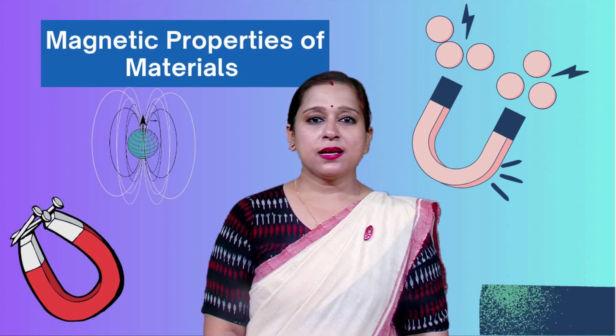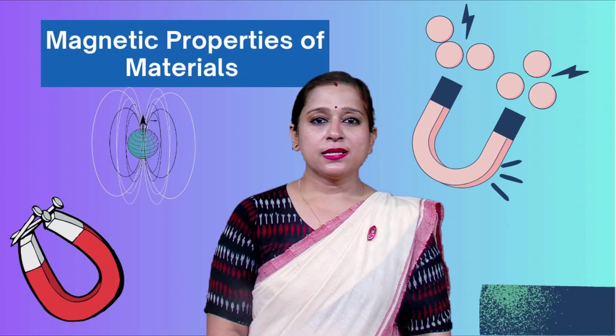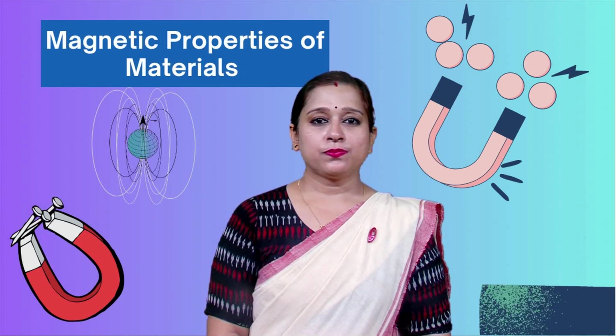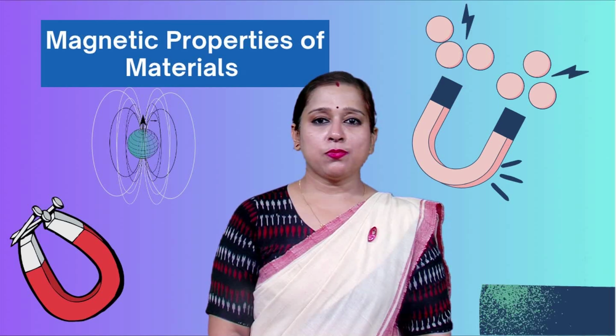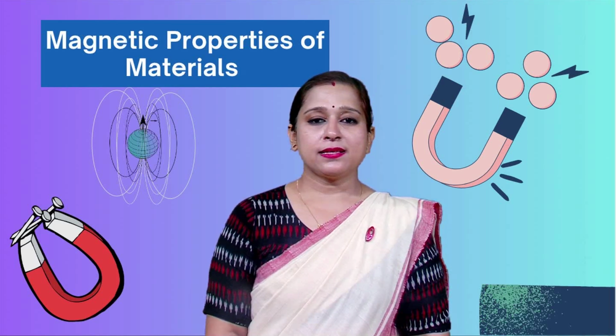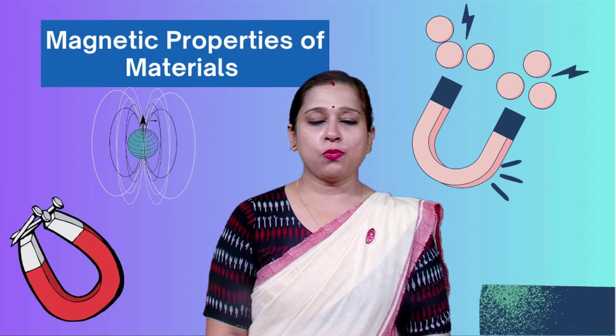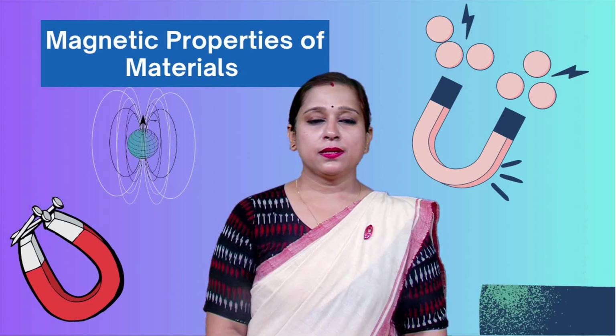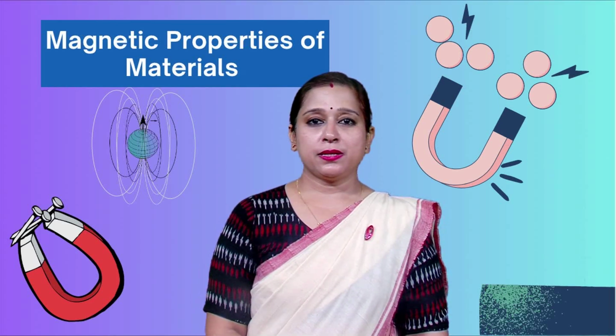These manganese ions are arrayed in the crystal structure such that the moments of the adjacent ions are antiparallel. Obviously, the opposing magnetic moments cancel one another, and as a consequence, the solid as a whole possesses no net magnetic moment. We are moving to the next type of magnetic material, that is ferrimagnetic material.